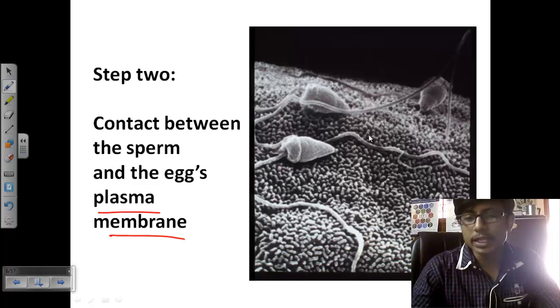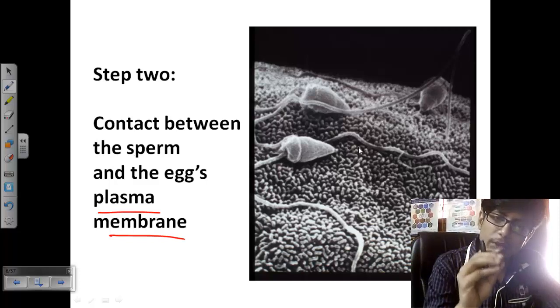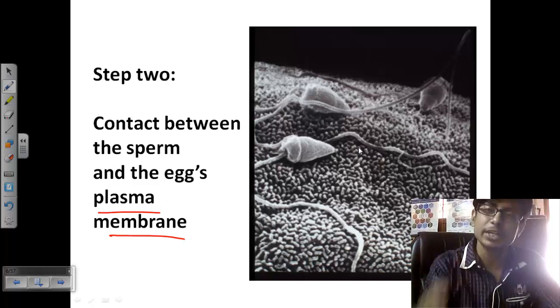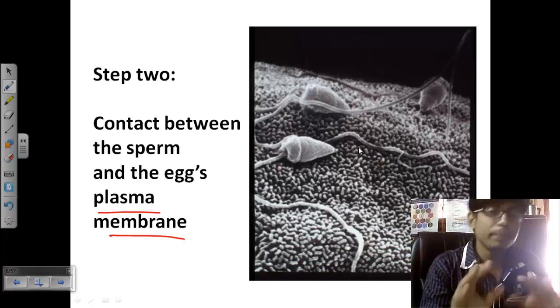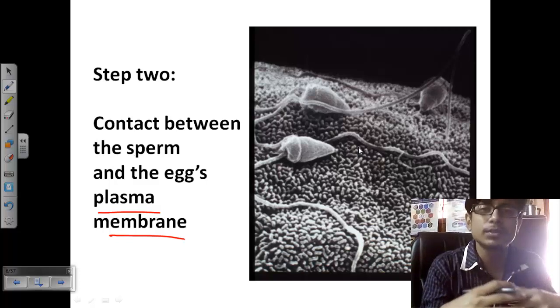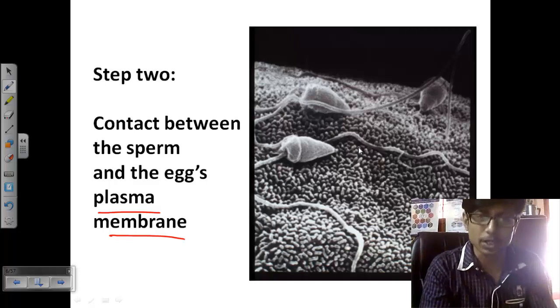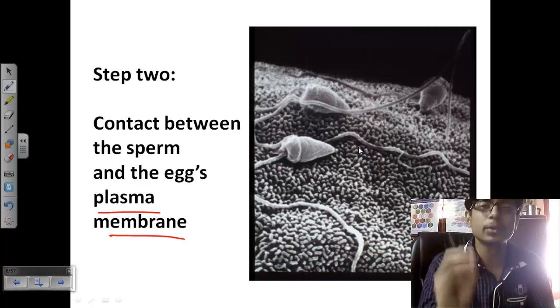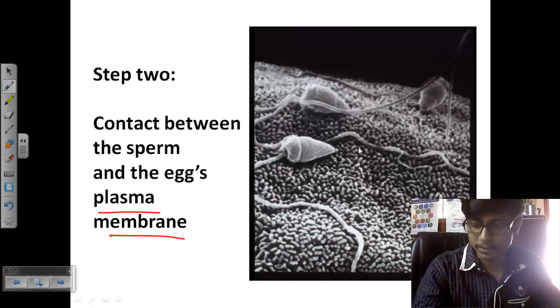When there is contact between sperm and egg's plasma membrane, the nucleus slowly starts to insert itself inside the egg cytosol. And remember, sperm does not donate any cytosol. Whatever cytosol is present in the zygote came from the egg. Sperm only donates its nucleus.